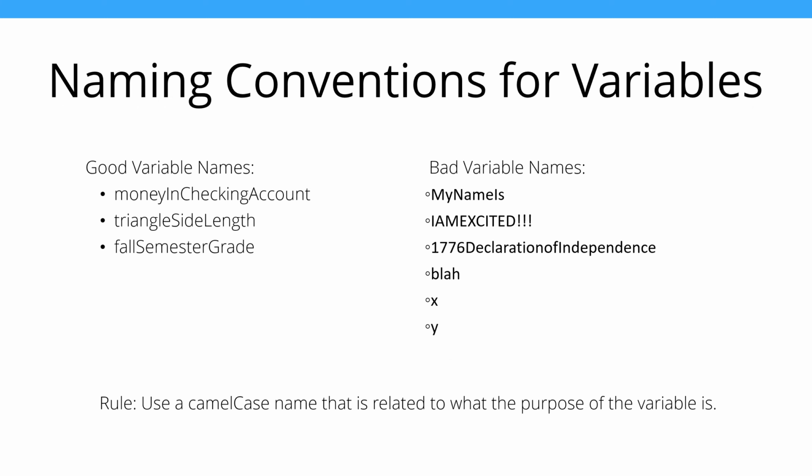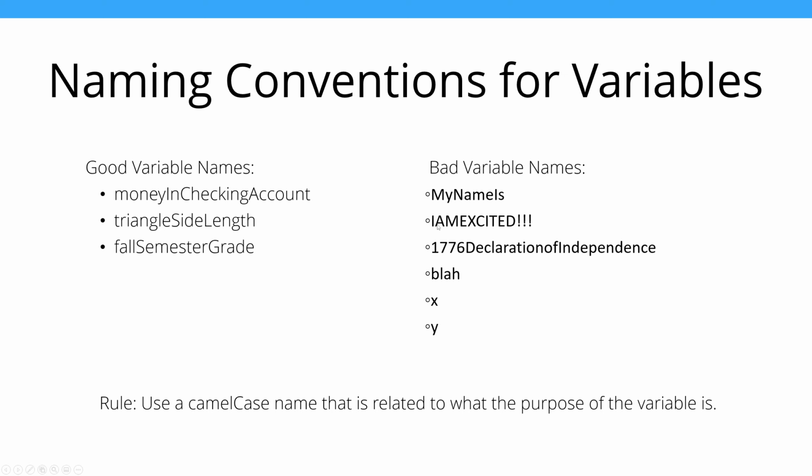All right, let's talk about naming conventions. So good variable names are on the left-hand side. You're going to notice that they start with a lowercase word. The first letter is lowercase, and for every word afterwards, the first letter is capitalized.